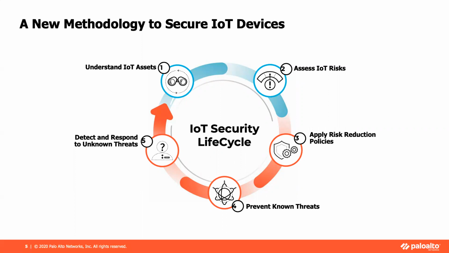We also not only do that, but you need some sort of positive risk reduction policies. You need something that's going to be automated and not manual. And this is what we offer you, both to prevent known threats and to detect and respond to unknown threats. And that's really what we can do here with our IoT protection, is automate that entire life cycle.